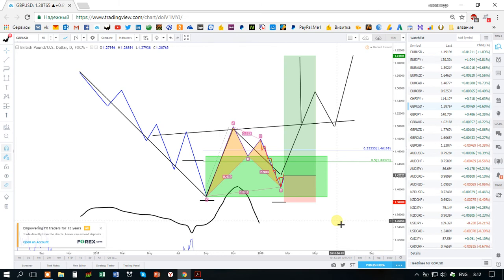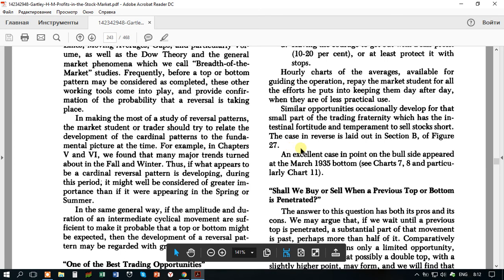Too many conditions should be met. But if you meet them, 8 out of 10 will win. In 8 cases you will win 4, and in 2 cases you will lose only 1. 4 to 1 risk reward. Keep that in mind. Probably you will only trade that setup. You will do the backtest and only trade the setup.